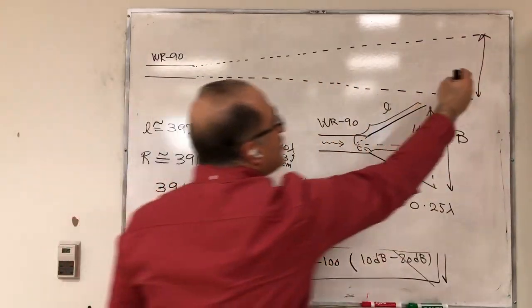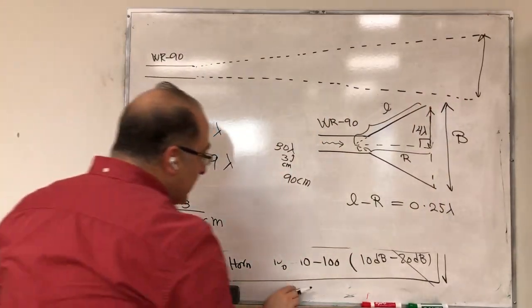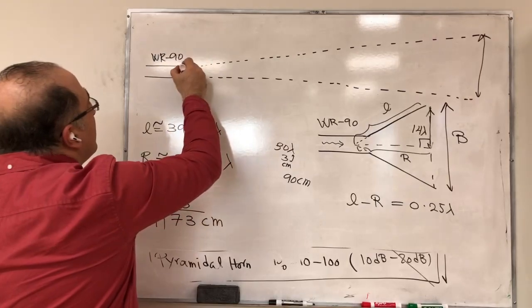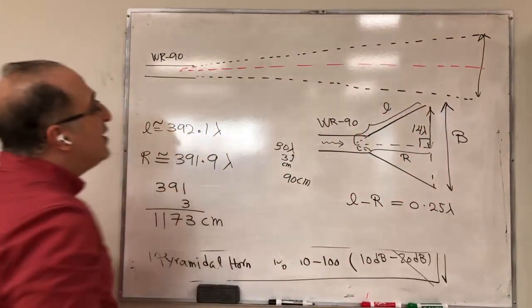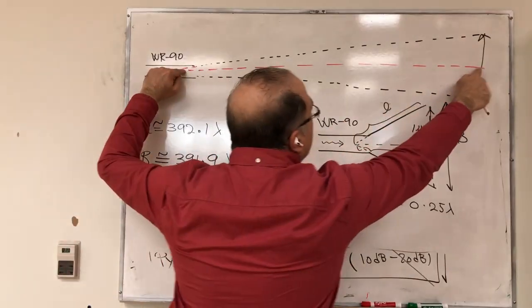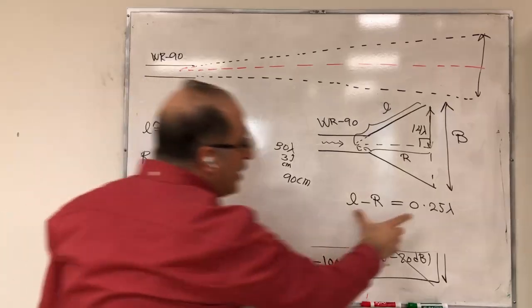So you see the aperture is not too big. The distance that you travel is too big, because at the end of the day, this red path and this black path here, they need to be very close by this distance.